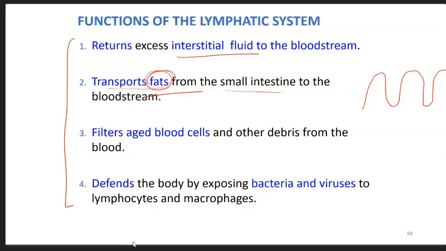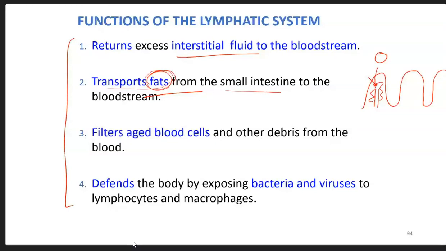Okay, so and then dia akan ada surrounded by blood capillaries, kan? Blood capillaries is to absorb nutrients such as glucose, amino acids, tapi lemak, fats, okay, fats from the lumen of the small intestine, it cannot enter into the blood capillaries due to its large size.